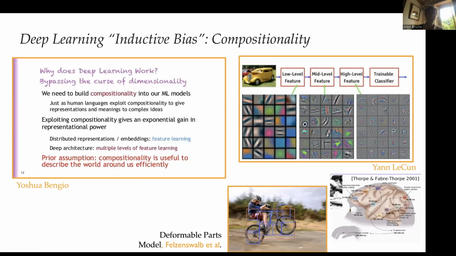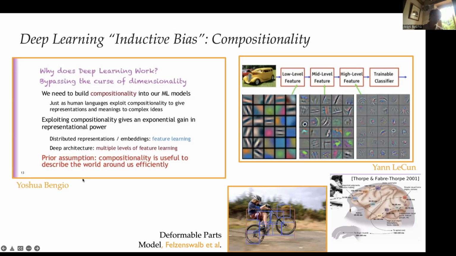The fact that you can break a very complicated input, like an image that has millions of pixels, and process it step by step. First you can focus on local features, what they call low-level features. Then these low-level features are combined into more complicated structures, and so on and so forth.